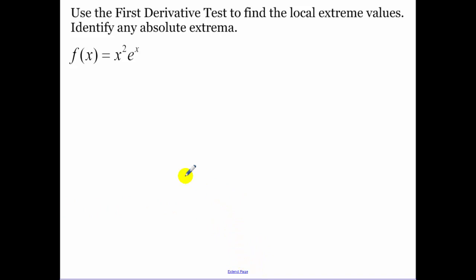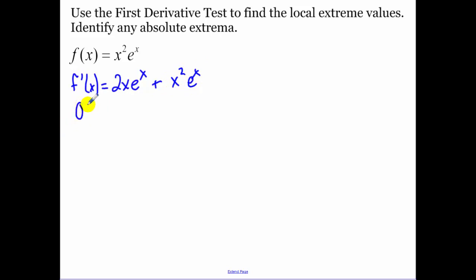Our second example, using the first derivative test to find local extreme values here. So let's find our derivative, and we have a product rule. So derivative of the first function, leaving the second one alone, plus leaving the first alone, derivative of the second.